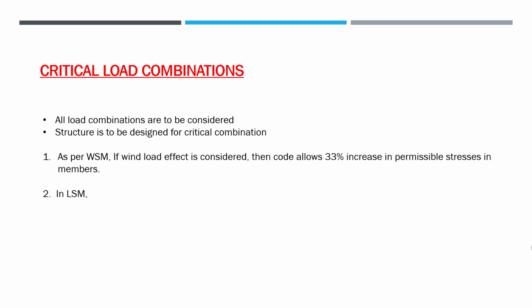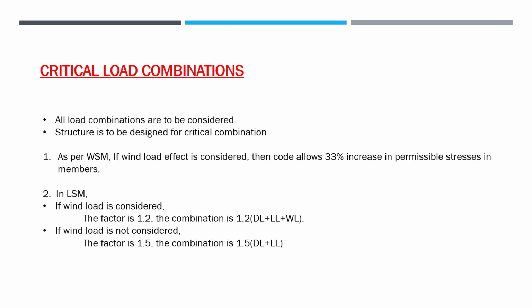Whereas in LSM, the factor is reduced to 1.2 and the load combination becomes 1.2 times dead load plus live load plus wind load when the effect of wind load is considered. However, if the wind load is not considered, then the combination to be considered is 1.5 times dead load plus live load. Now, let us discuss the question why.